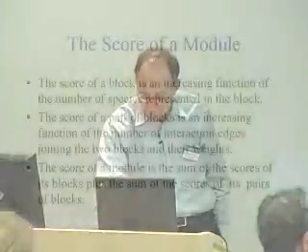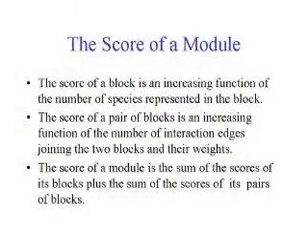So from this you can come up with a scoring function where the score of a block is some increasing function of the number of mutually homologous species in that block, and the score of a pair of blocks is an increasing function of the weights and number of edges joining the two blocks, and the score of the subgraph is the sum of the scores of the blocks plus the sum of the scores of the pairs of blocks.